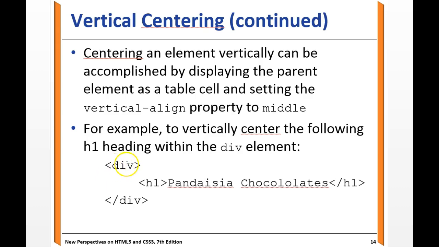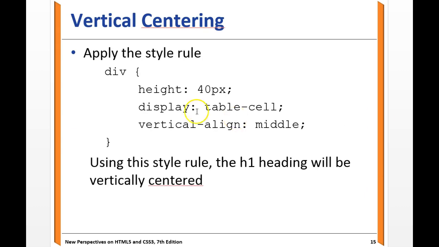For the heading Panacea Chocolates, we are putting it in a div, to which you could apply a style rule which will have the height, you are going to display it as a table cell, and then the vertical alignment is middle. So using this style rule, you are actually centering the heading 1 vertically.